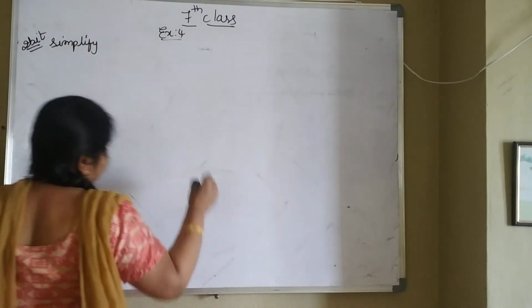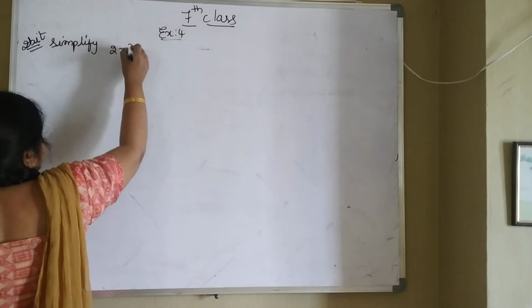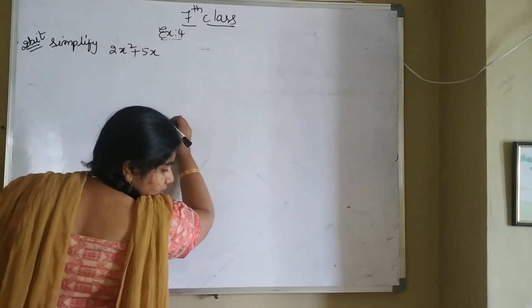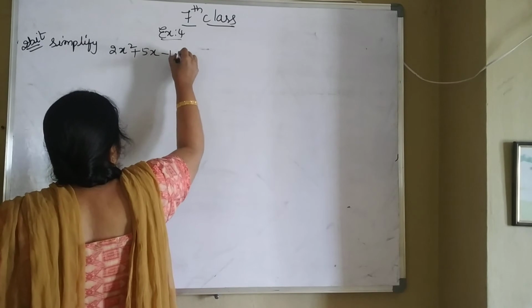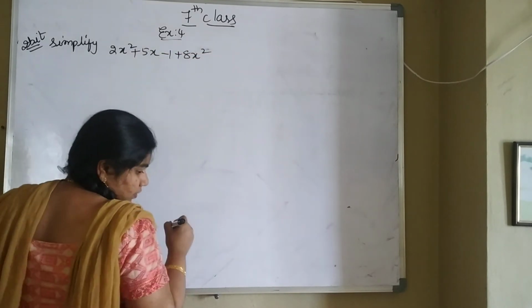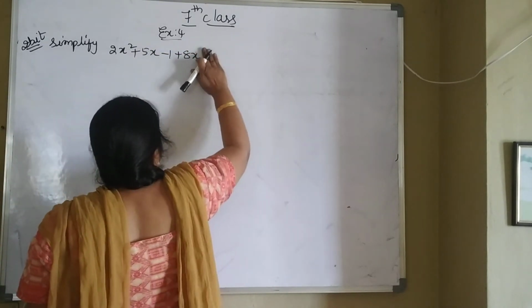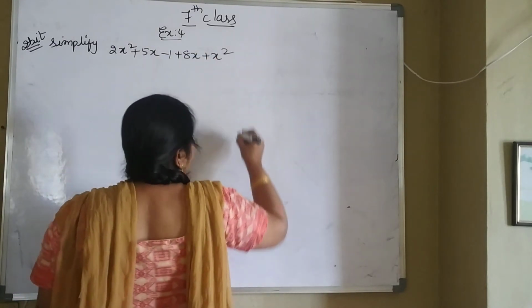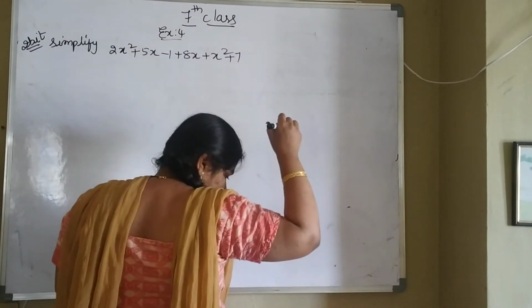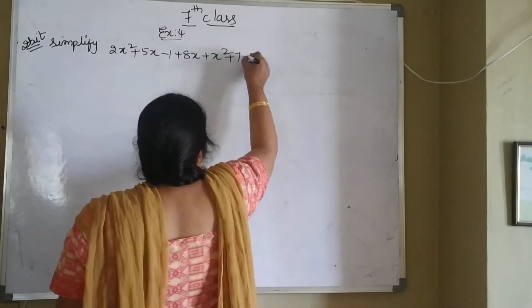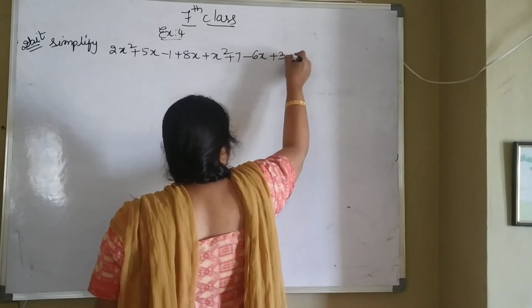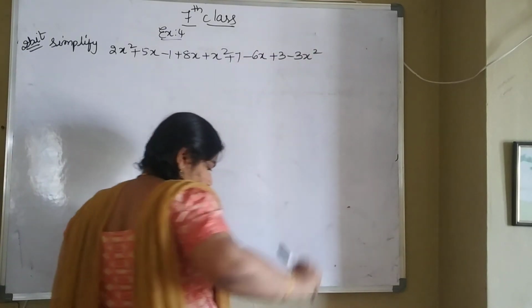Simplify 2x square plus 5x minus 1 plus 8x square plus x square plus 7 minus 6x plus 3 minus 3x square.